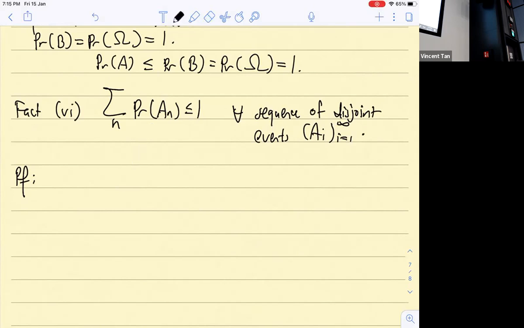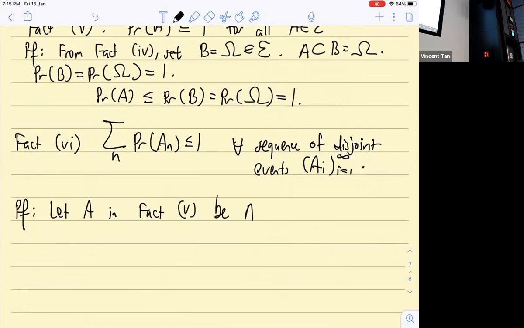So let A in fact 5 above be A equals the union of A_n. Then use fact 2.